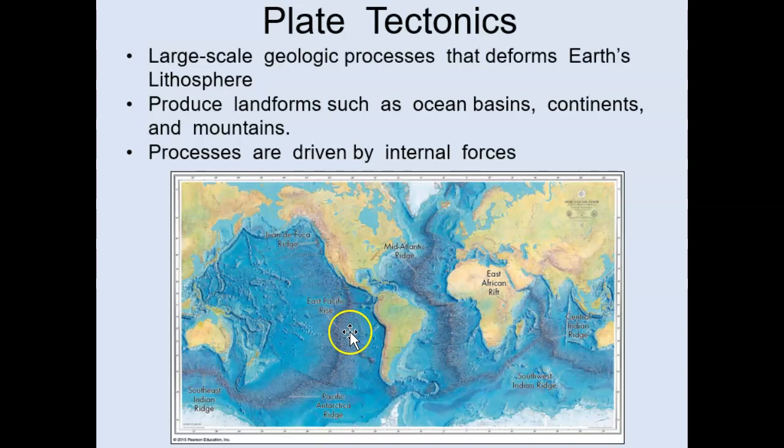In this case, this plate is moving to the right, this plate is moving to the left, and as they move aside from one another, material is rising up to the surface and filling in the gap, making that ridge in between them. We'll cover this and other subprocesses in a lot more detail in the next few slides, so no worries if you don't quite get what I mean yet.